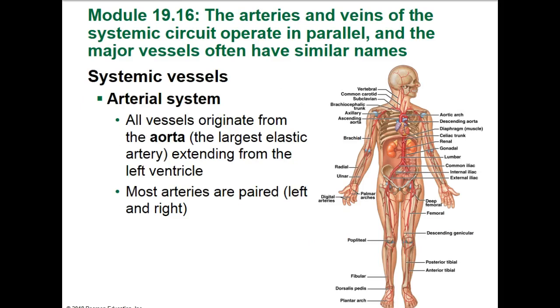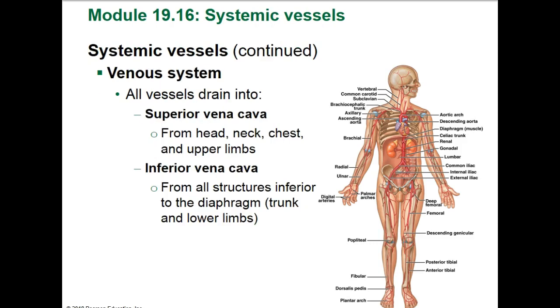For the systemic vessels, in the arterial system, all the vessels originate from the aorta. They extend from the left ventricle, and most arteries are paired left and right. In the venous system, all the vessels drain into the superior vena cava from the head, neck, chest, and upper limbs, and the inferior vena cava from all the structures that are inferior to the diaphragm.